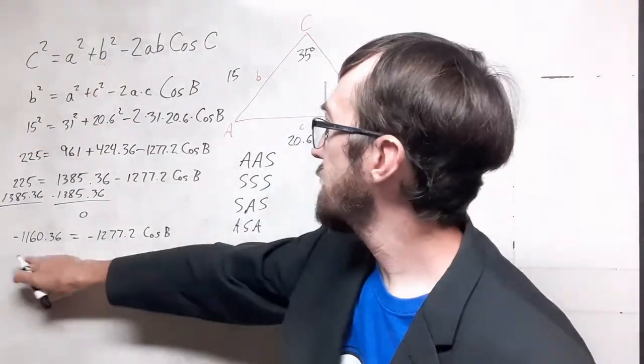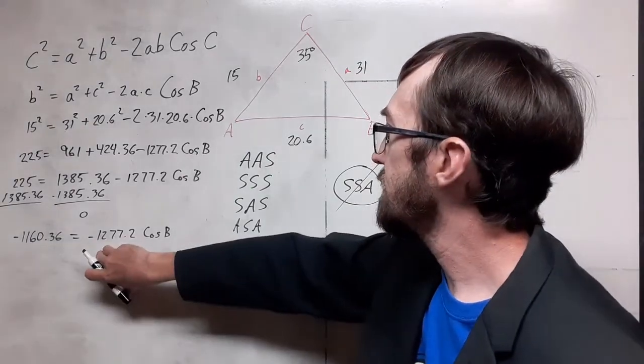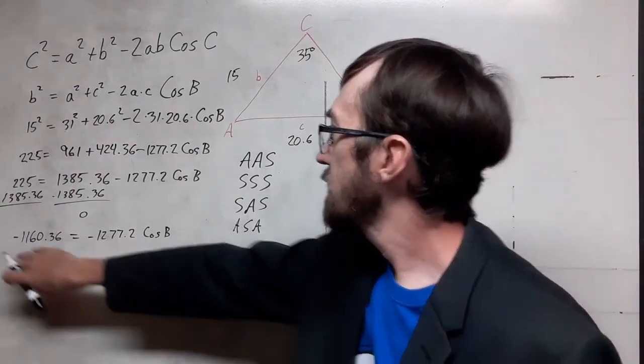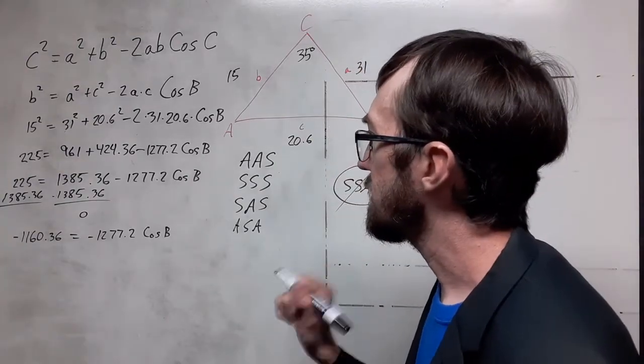All right, we have a negative over here, we have a negative over here. That's a good thing. When we divide by this term, we'll have negative divided by negative, giving us back a positive, and that's a good thing.